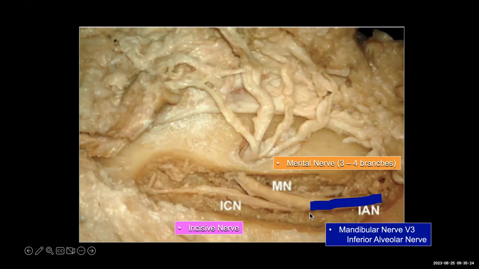At that time, it breaks into 2 terminal branches. The mental nerve, which then has 3 to 4 branches, which go to the anterior gingiva, the chin, and the anterior lip. And then the incisive branch goes to the anterior teeth.